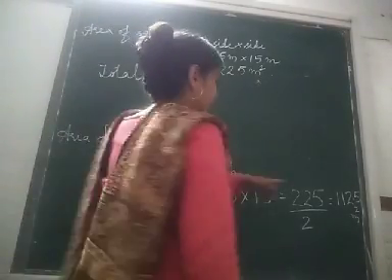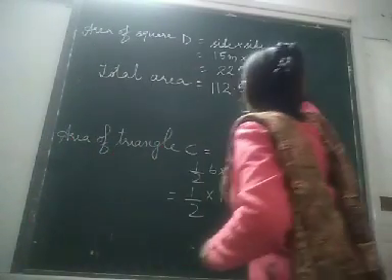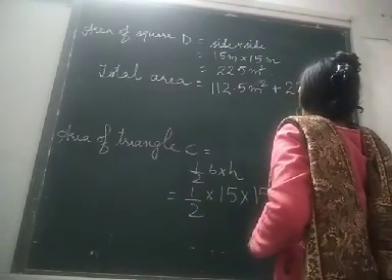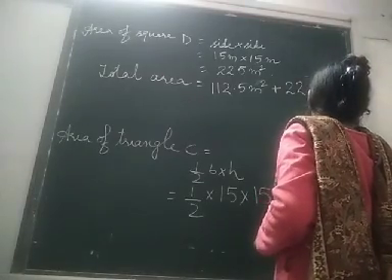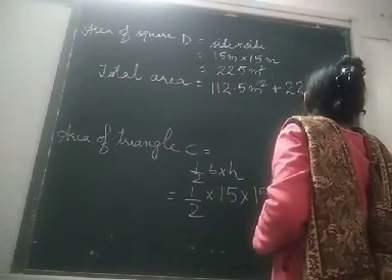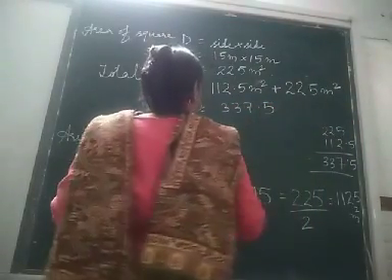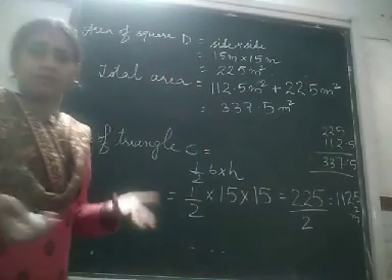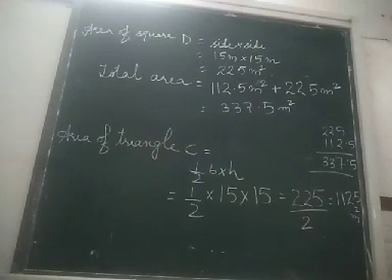That is area of triangle C plus area of square D. So this is the area 337.5 meters square. I hope both the areas were same, children, because I don't remember the area of Jyoti's diagram.